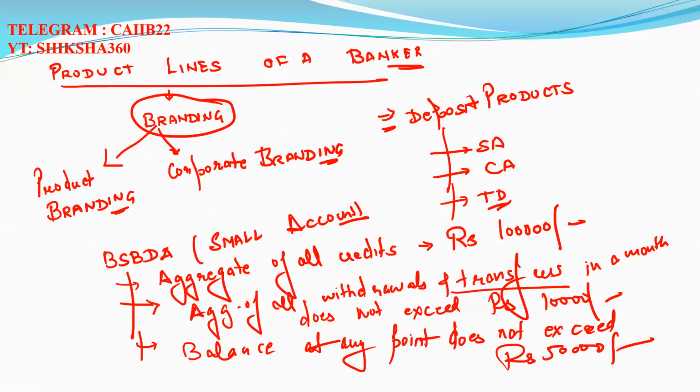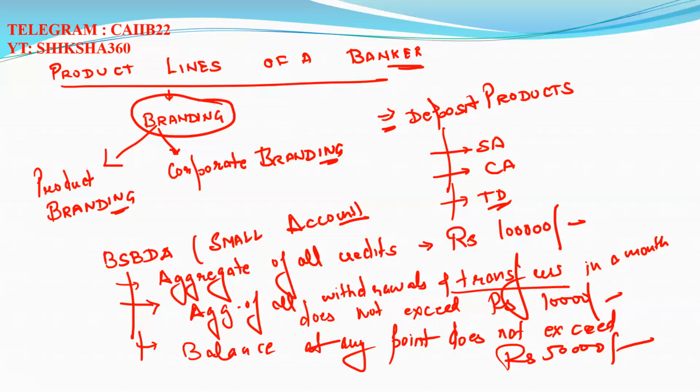Very, very important. Sometimes you will find that one question definitely comes from these points. Now move to the next point. Term deposit features, we are already aware regarding that.